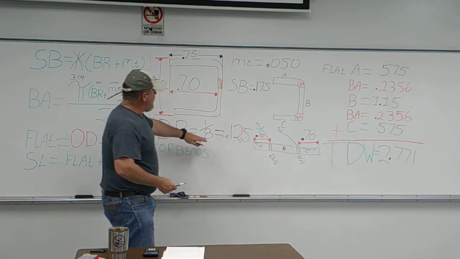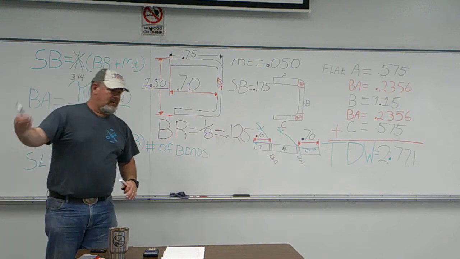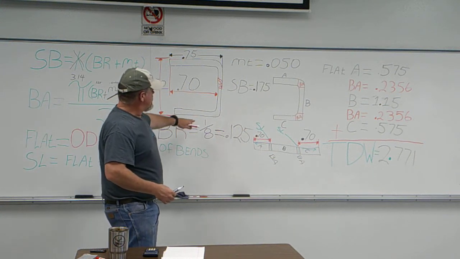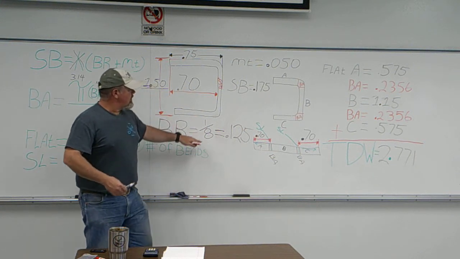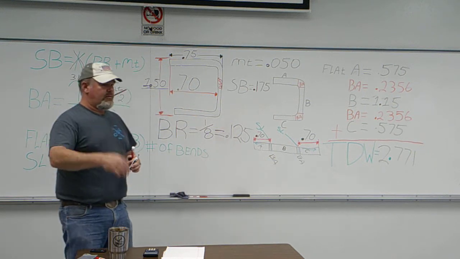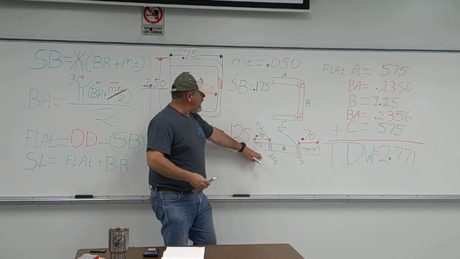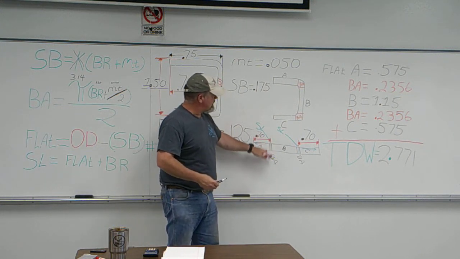Bend radius, remember when you go from a fraction, like 1/8, 1/16, quarter, you take the numerator divided by the denominator. It allows you to find the decimal, and that is critical. Don't forget finding the decimal. Sight line is flat plus bend radius.